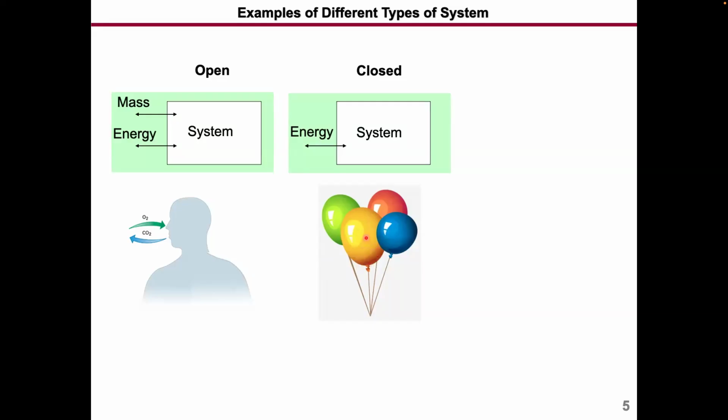So depending on your surrounding atmosphere, your balloon will have different energy states, and you may even pop it under certain circumstances, right? So in this particular case, this is a closed system, which doesn't allow mass to transfer between the system and the surroundings, but still allows energy to transfer, okay?